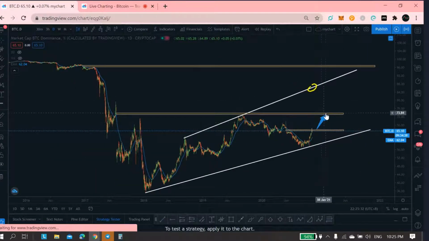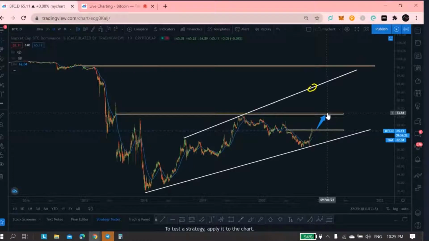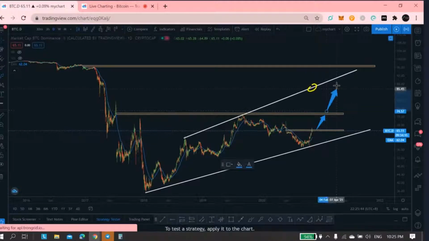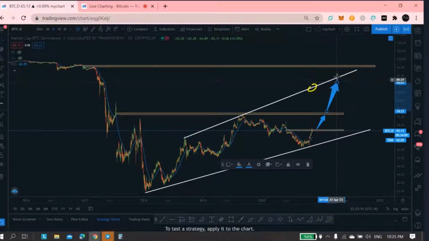Possibly I'm expecting it to retest this area, possibly within next year. And the worst case really is for it to have a dominance greater than this area or to retest this area. This is almost close to 90 percent.